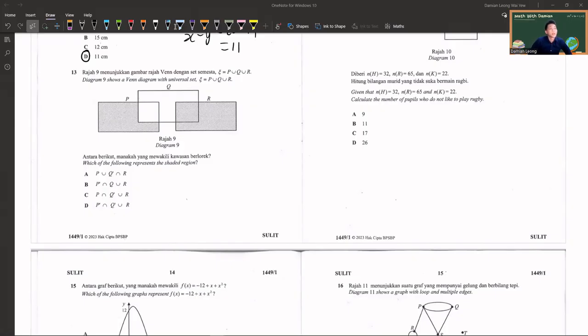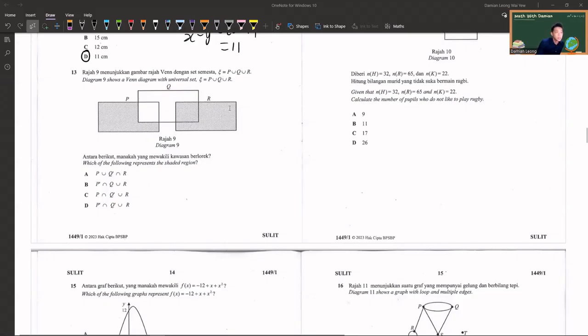Question 13. The diagram shows a Venn diagram with the set P union Q union R. Union means combining, intersect means overlapping. So we have unions and intersections among these three sets, P, Q and R. We have to describe the shaded region.